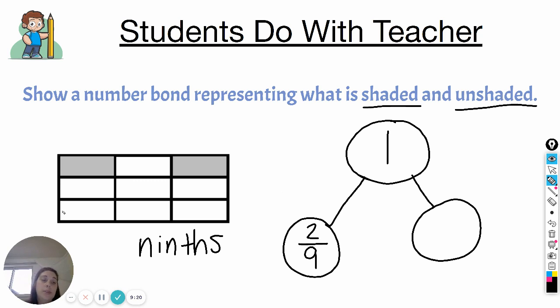Okay, so I counted 1, 2, 3, 4, 5, 6, 7 pieces that are not shaded out of the 9 pieces altogether.